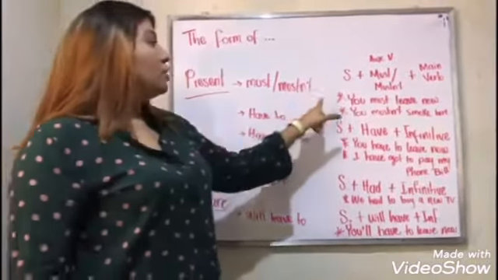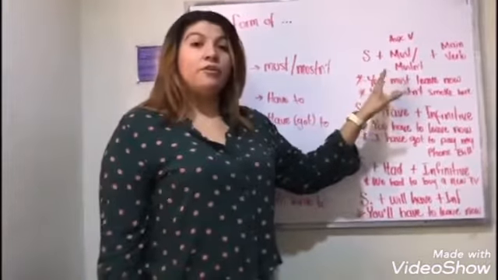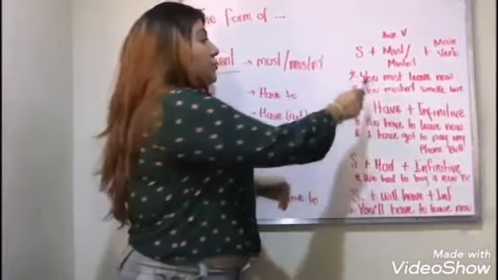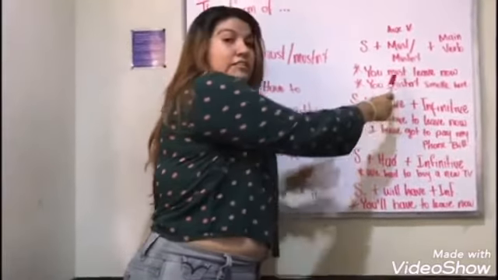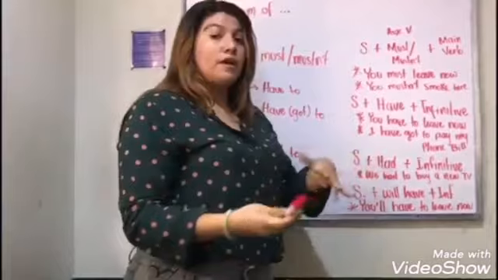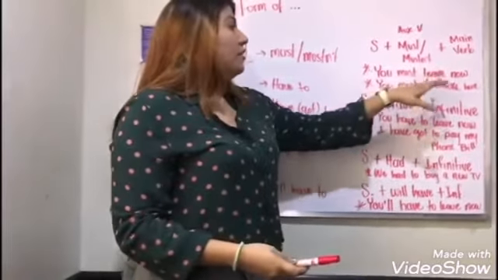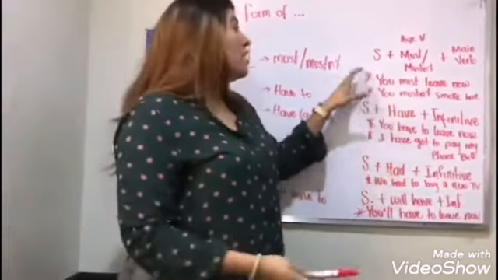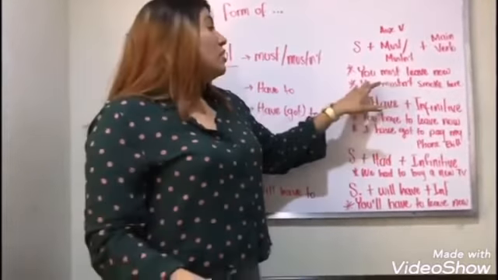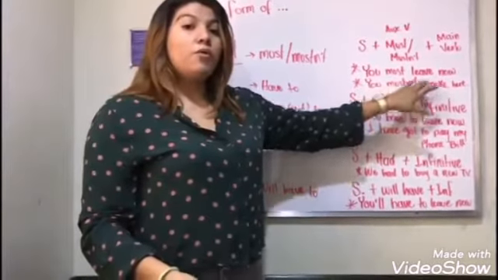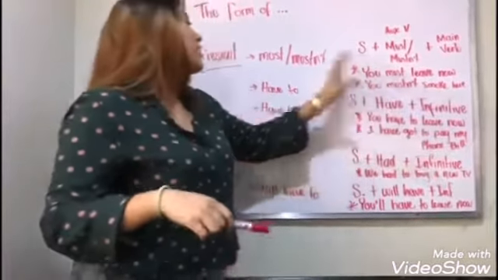For example, you must leave now. Here we have the subject, that is you, must, that is the auxiliary, and leave now, there is the main verb. In the negative, you mustn't smoke here.